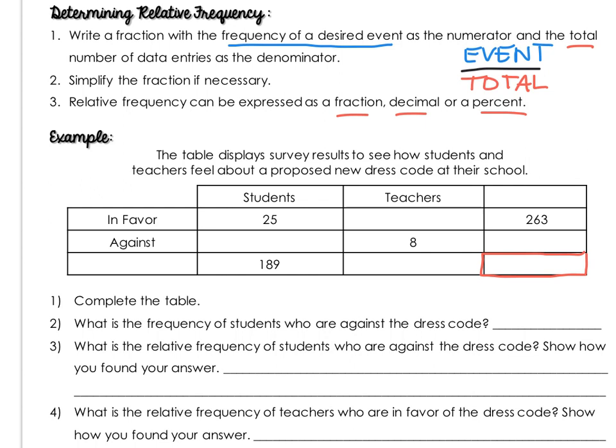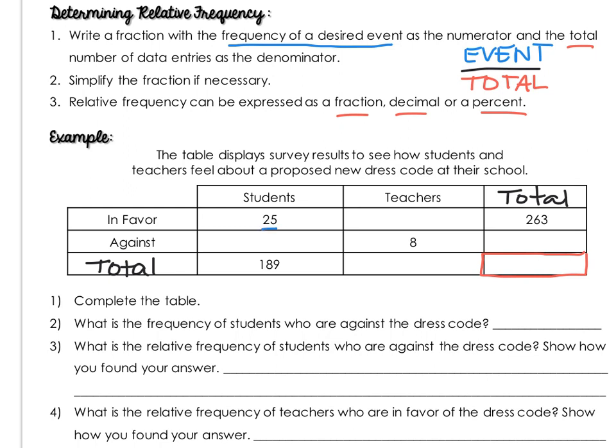So let's look at this practice here. The table displays survey results to see how students and their teachers feel about a proposed new dress code at school. So I'm going to put total and total in my columns. And now we are given the number of students tallied as a frequency.